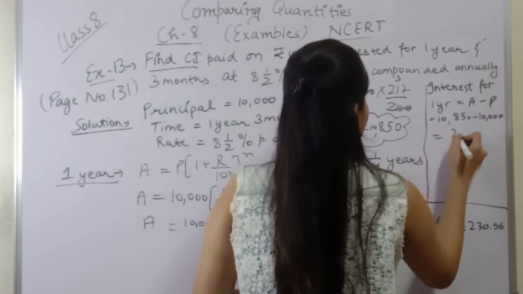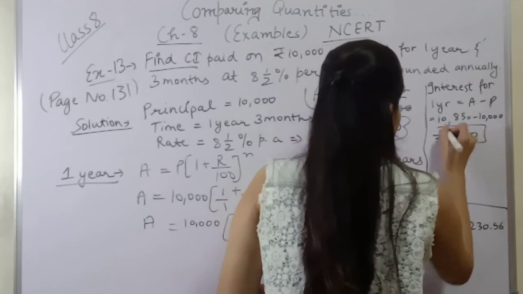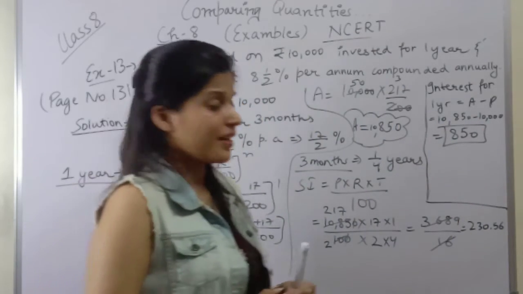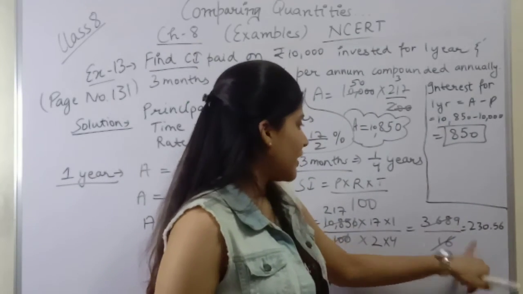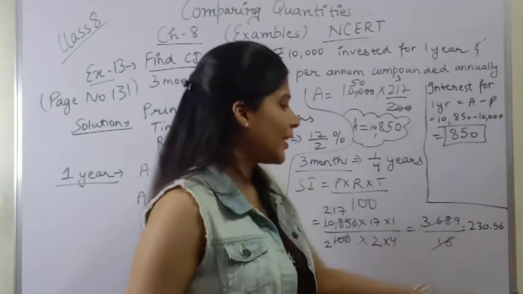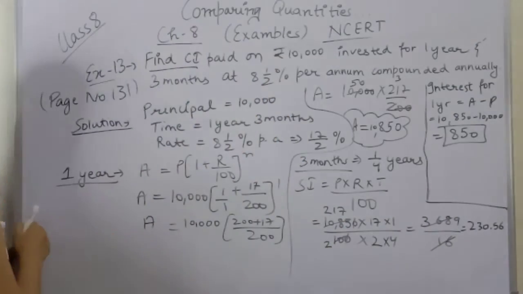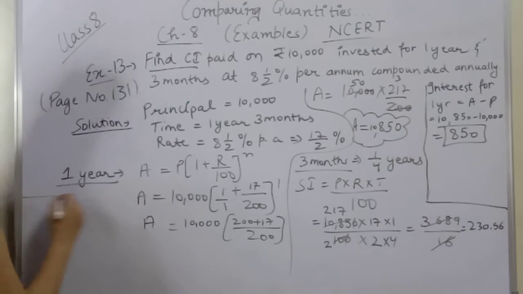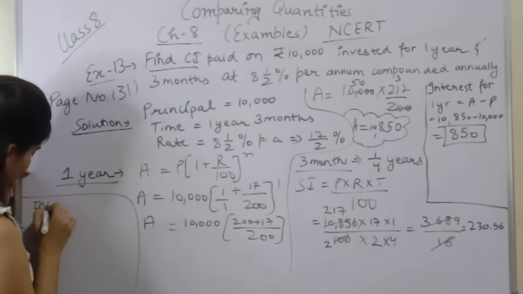So this would be 850. So interest for 1 year is 850 and interest for remaining 3 months is 230.56.